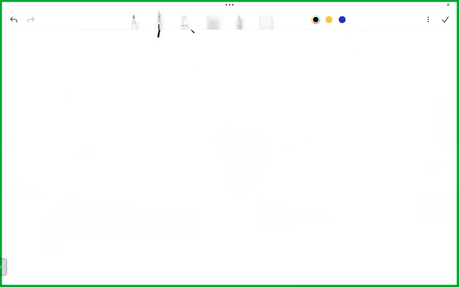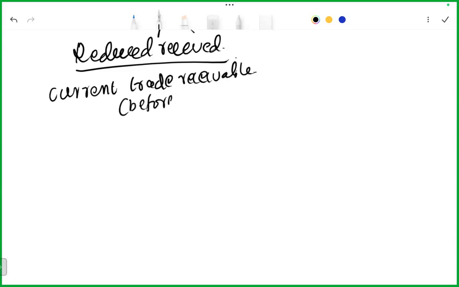So first you have to take your calculation of reduced receivable. If you get the figure, then we can just multiply it with 10% and we'll get your benefit. So that is the amount of interest you're going to save. So for that, you have to first calculate your current trade receivable. What is your current trade receivable? Before the implementation of this discount policy, you don't have to write all this in your examination.